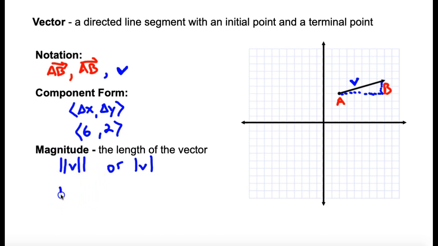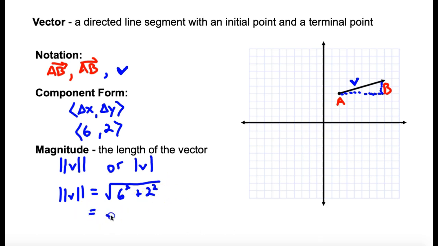So all we're doing is using the Pythagorean theorem. The Pythagorean theorem is a squared plus b squared equals c squared. So we can solve for c and say it's just going to be the square root of these two values squared. For this one, the square root of 6 squared plus 2 squared.